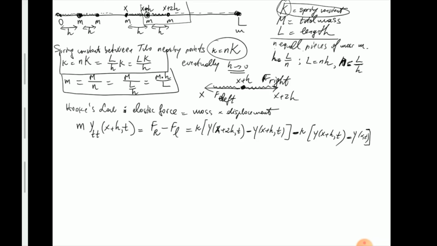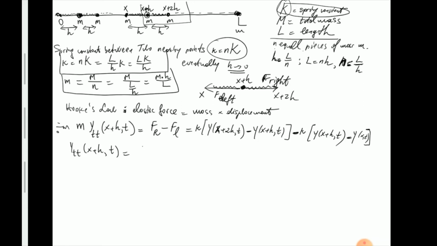Okay, so at this point, I'm going to divide by m both sides. So we're going to have the second partial of y with respect to t, at x plus h, t. I'm going to keep these like that, but I'm going to factor k.